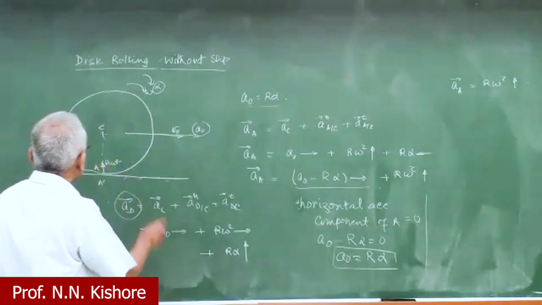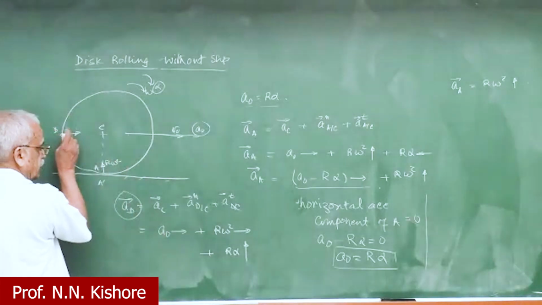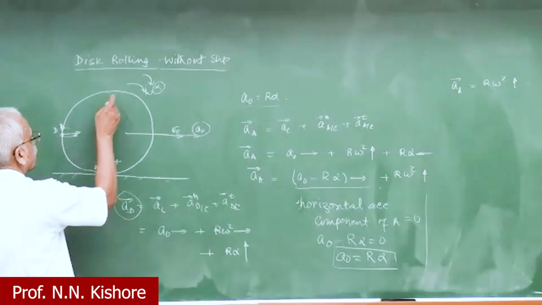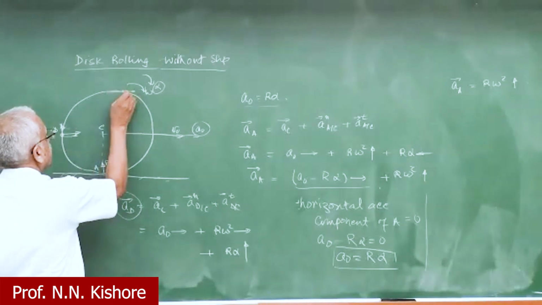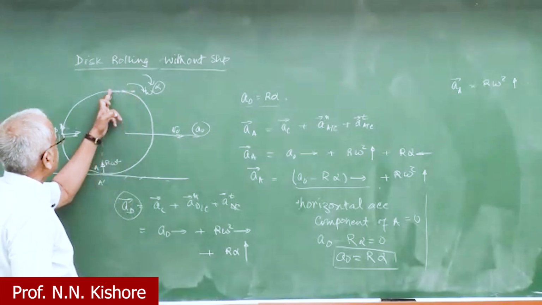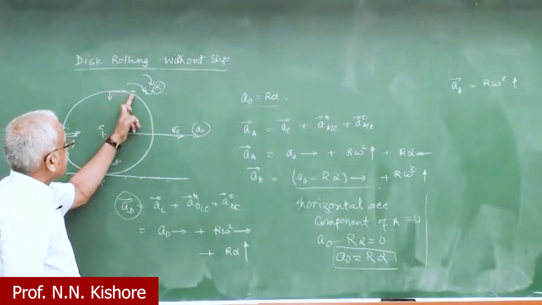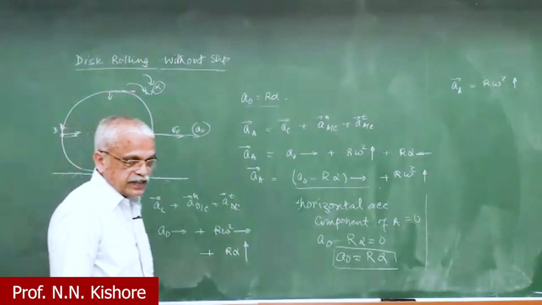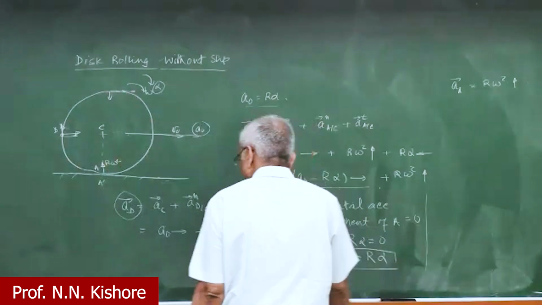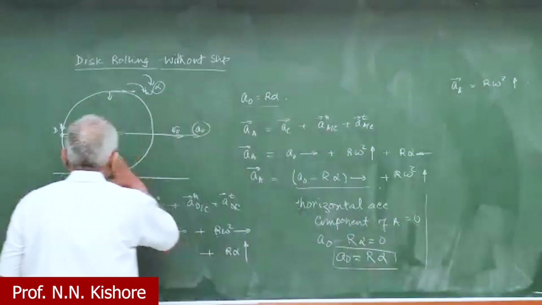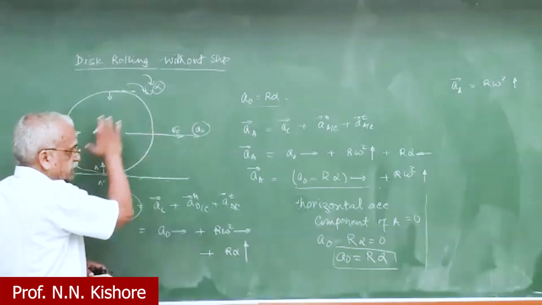So every point has certain accelerations, three components, and similarly here. We have a normal acceleration, an acceleration A naught, and on that you add the tangential acceleration. So like this, we can do the complete analysis of the acceleration of any point.